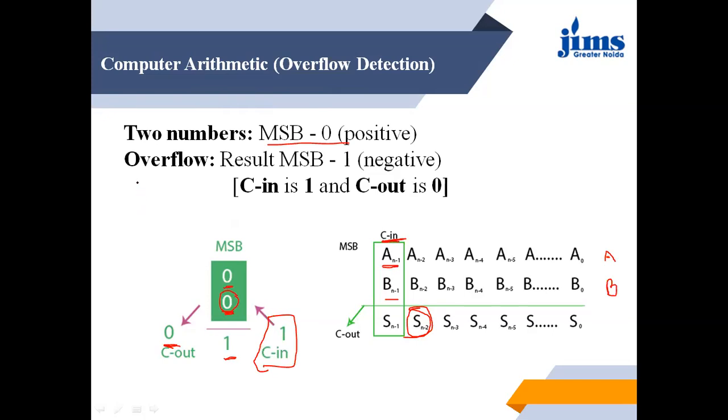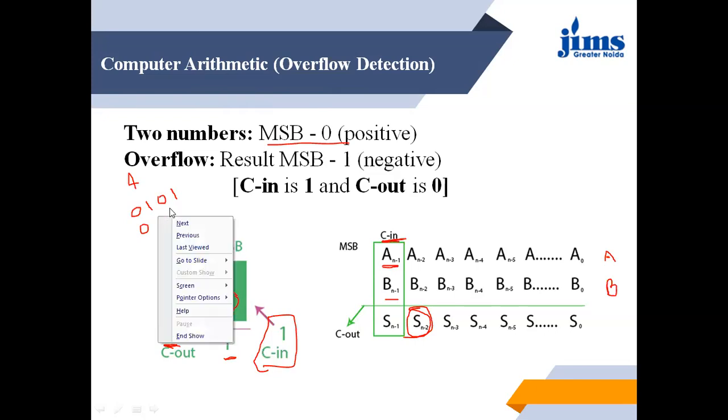Suppose we have a 4-bit number. You can see this by applying it when I have to add 0, 1, 0, 1 with a number 0, 1, 1, 0.